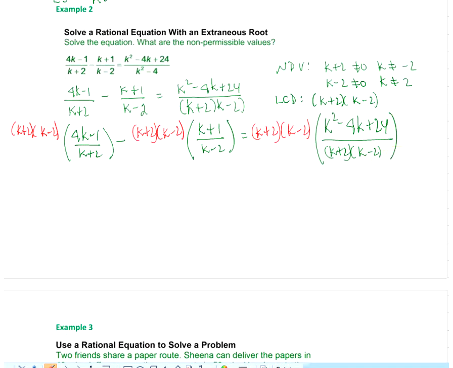Okay, so let's do some reducing. On the far left, k plus 2's can reduce. In the middle, the k minus 2 can reduce. And on the far right, k plus 2 and k minus 2 can be reduced.